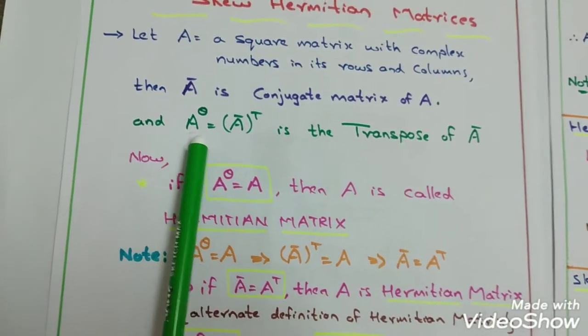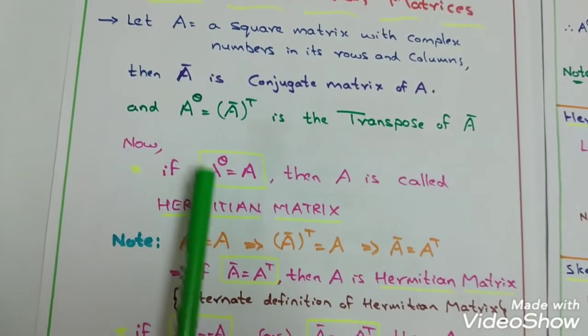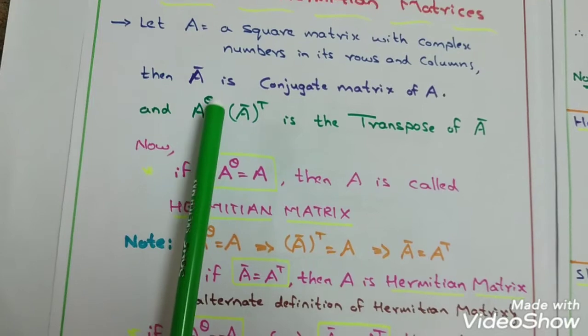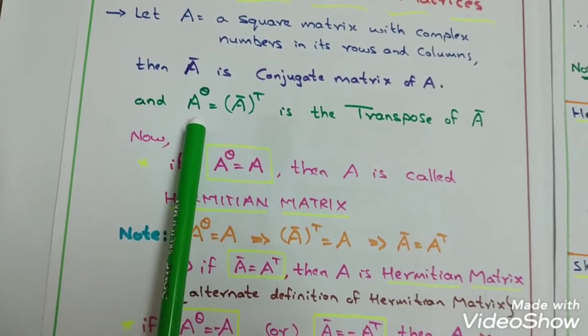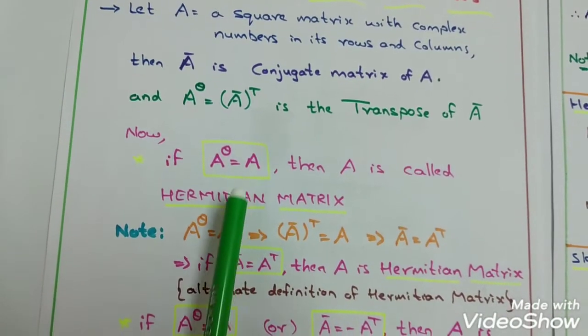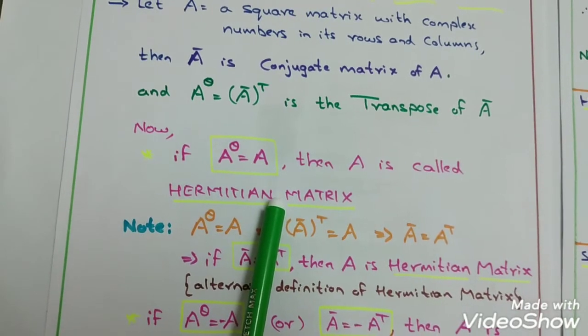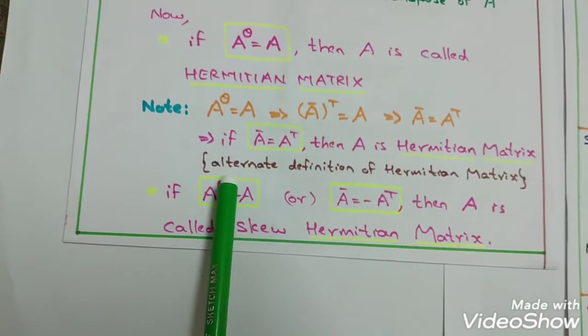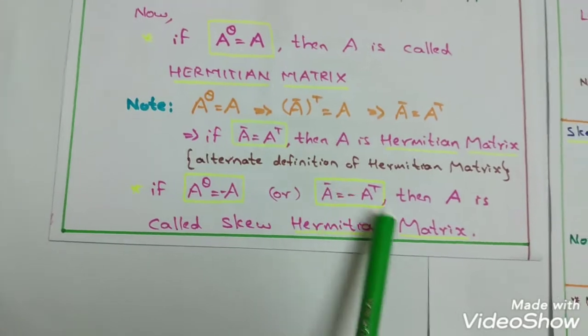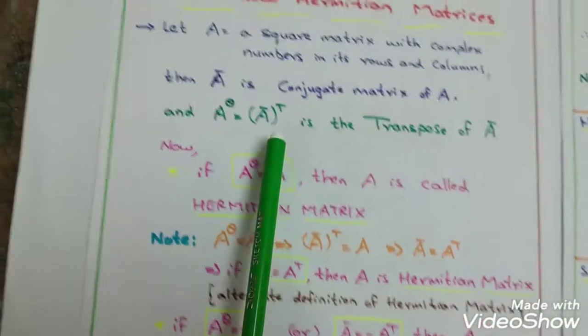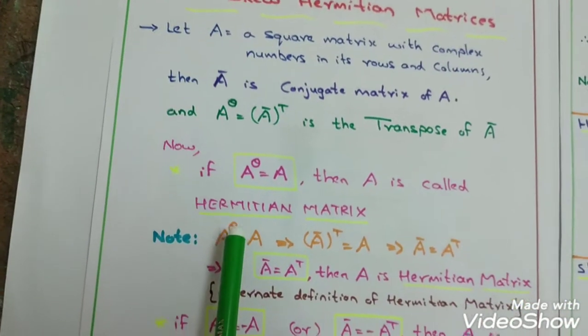Okay, now let us discuss what is a Hermitian matrix. If the transpose of this conjugate matrix, that is A theta, is equal to A, then A is called Hermitian, and if A theta is equal to minus A, it is called skew Hermitian. Now this is a property which you have to remember.